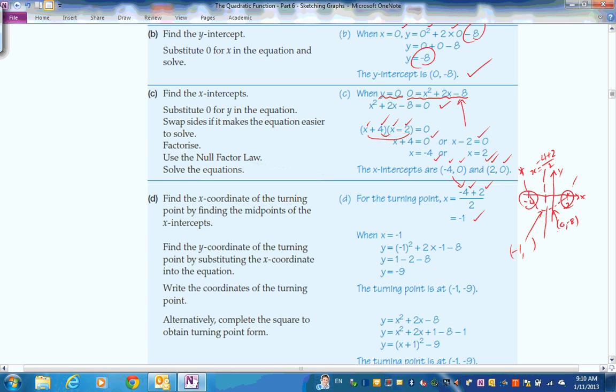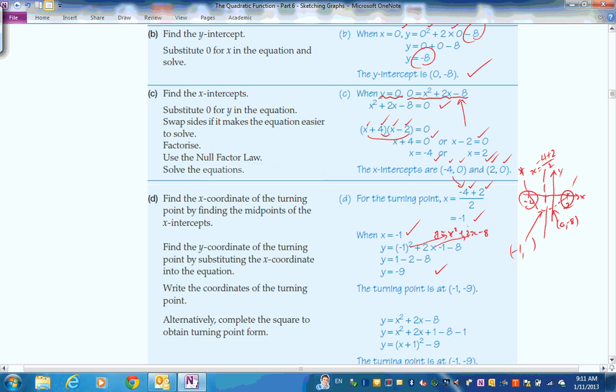Well, what does the formula mean? Remember, the formula for a function is the rule that the x and y of points on that curve must obey. So if you know x is -1, well, let's just write the function here. y equals x squared plus 2x take 8. So if x is -1, put it in there. -1 squared, and then in there.